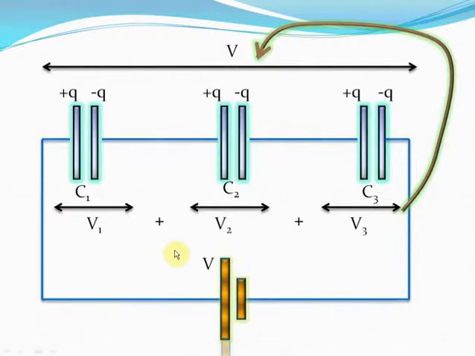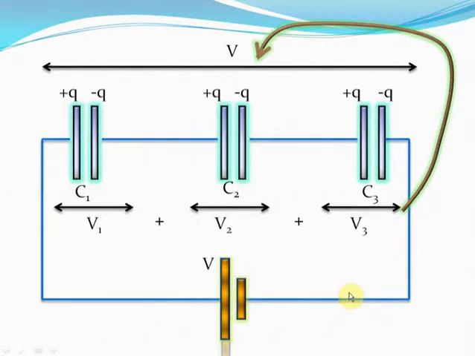Understood? And that has to be so, because if there's a potential difference V created by the battery, then the sum of all the potential differences must be equal to the potential difference of the battery.